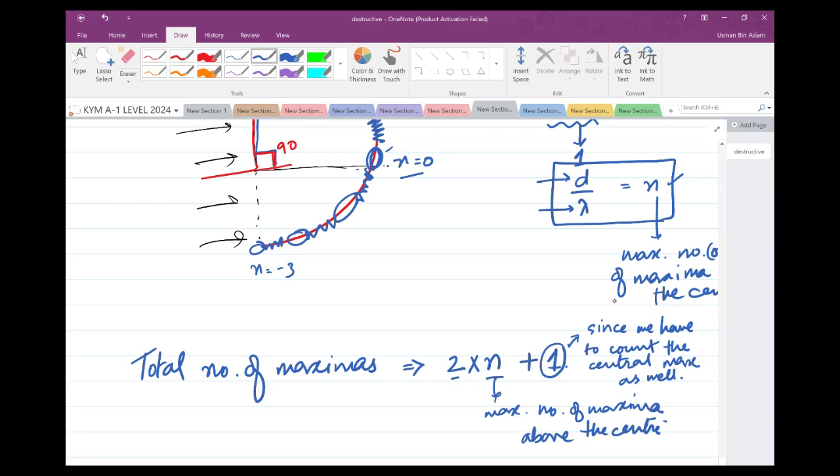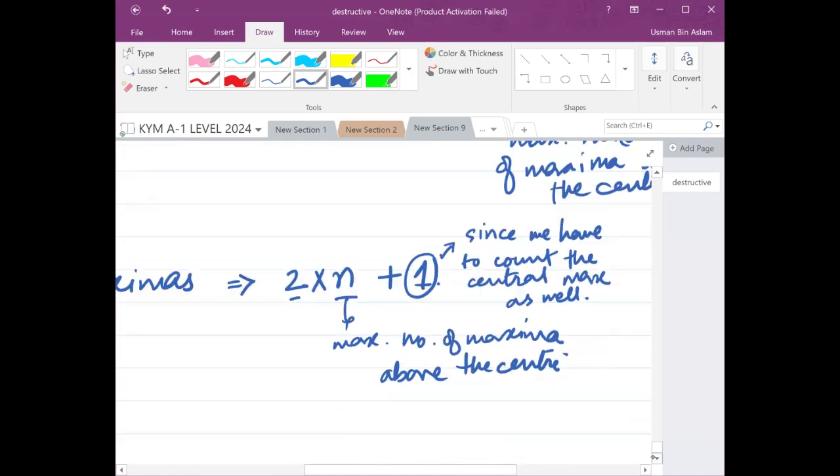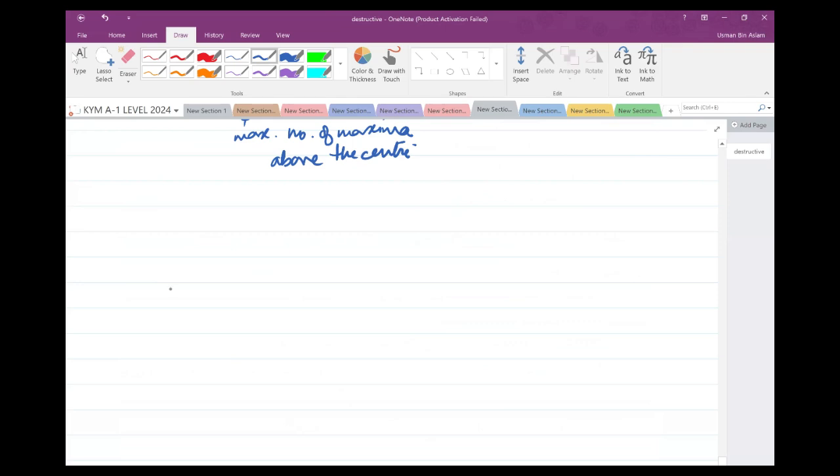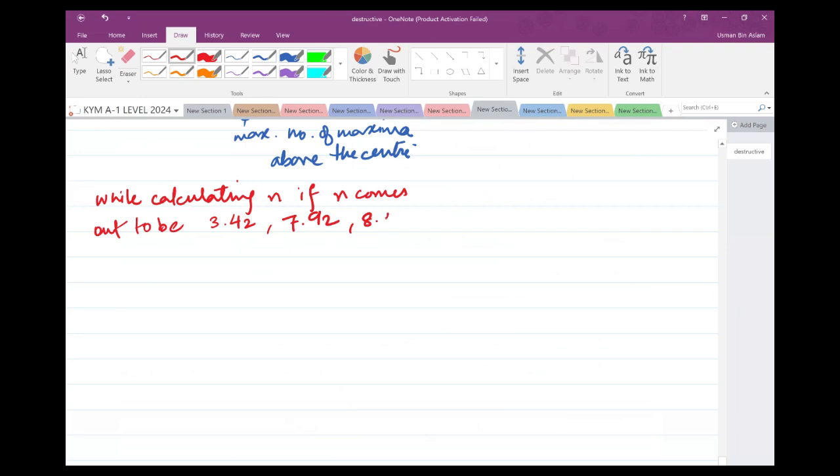There is one more thing. There is one more technicality about this I'd like to add here. While calculating n, if n comes out to be 3.42, 7.92, 8.99, these are just random values that I'm choosing.